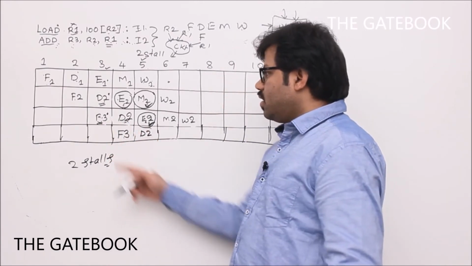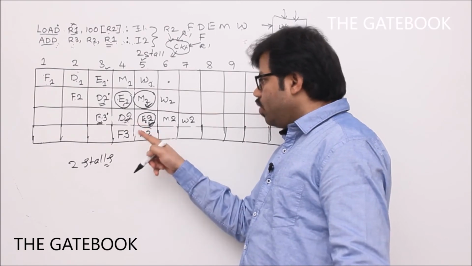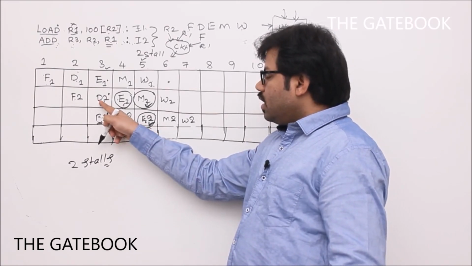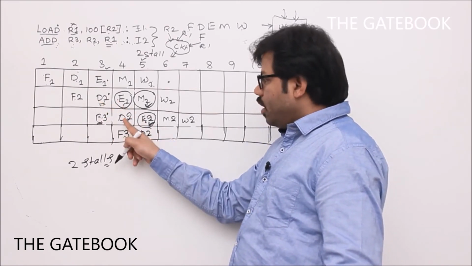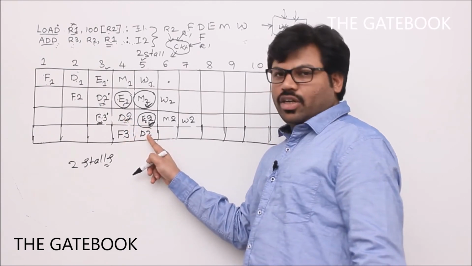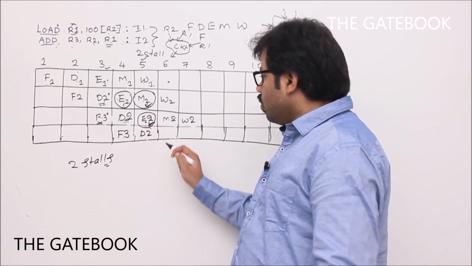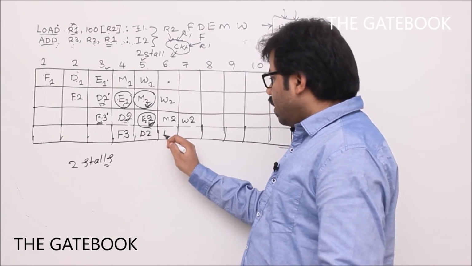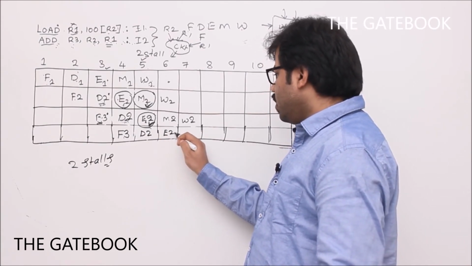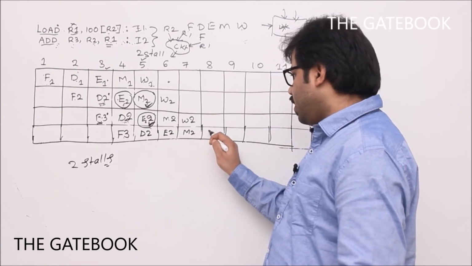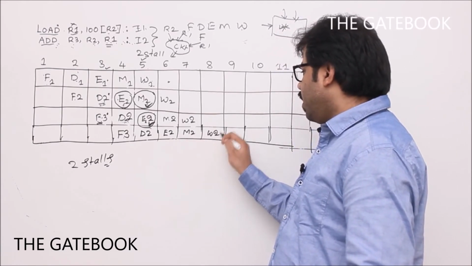You can understand it like this: in this row we will be decoding D2, in this row we will be decoding D2. This time we will be seriously decoding, that means we are using the result of this decoding. So here D2, then after decoding, execution, memory in the later timings, write back, W2.